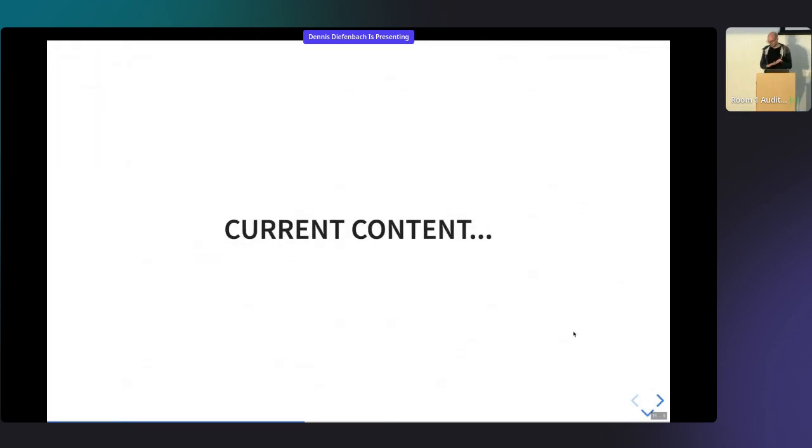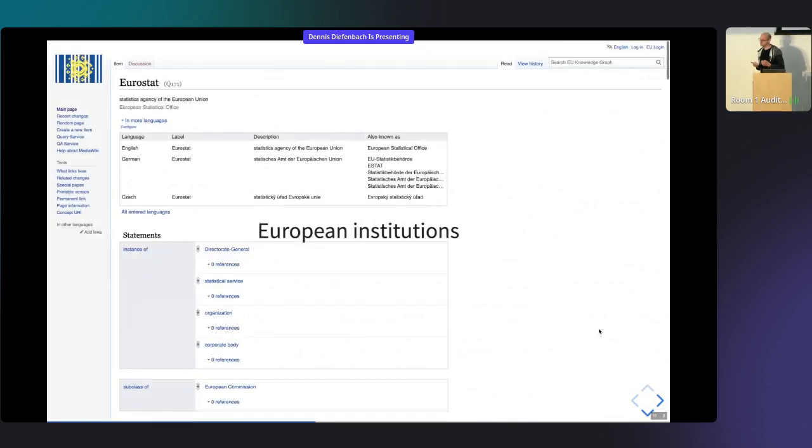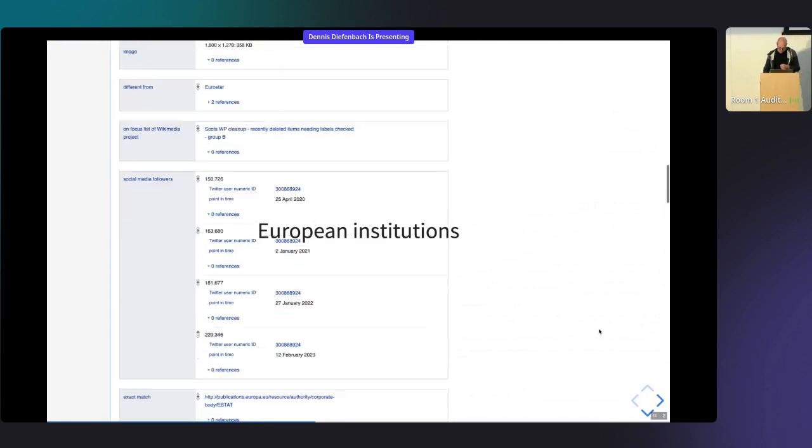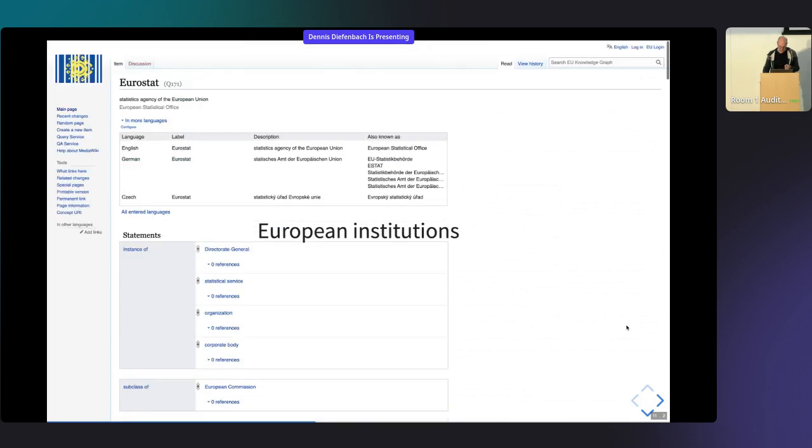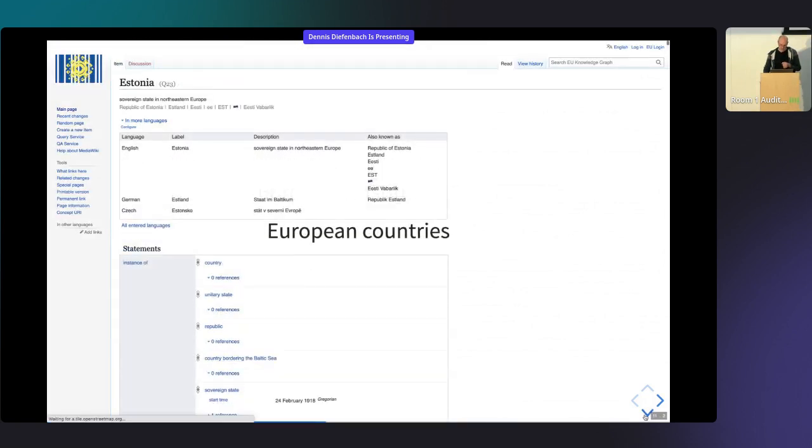Okay, so I showed you why we use Wikibase. And now let me give you some impression of the content of the EU knowledge graph. We have information about European institutions. This here is Q171 Eurostat. We have quite a bit of information about Eurostat, some of it coming also from Wikidata. We have information about European countries.